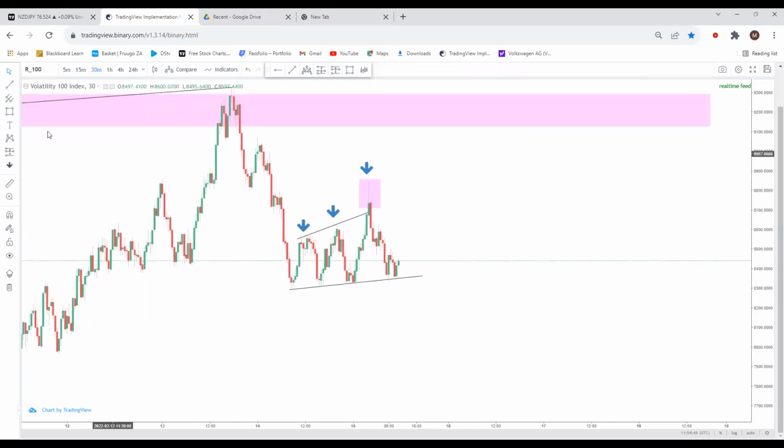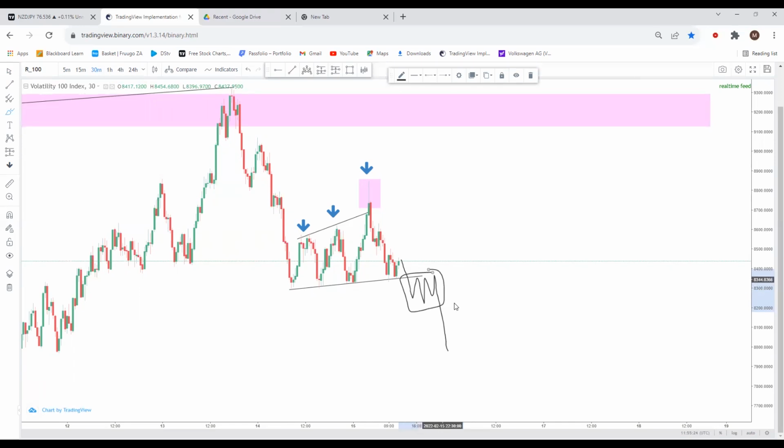Since we missed this rejection for an entry, for a safe one we could wait for the market to break this support right there, and then retest it by creating, even if it's not perfect, some type of correction to confirm that it has broken this support.